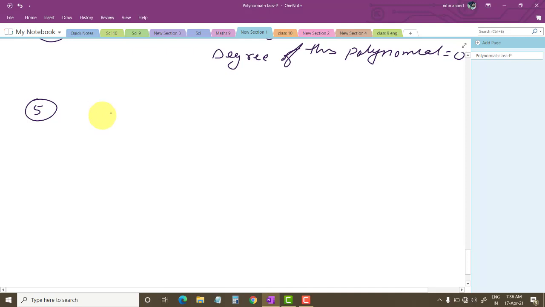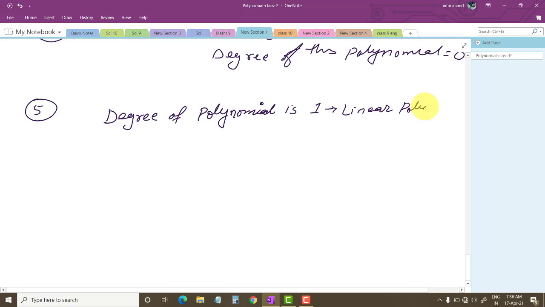If the degree of the polynomial is 1, that means the polynomial consists of degree 1, then that polynomial is known as a linear polynomial.